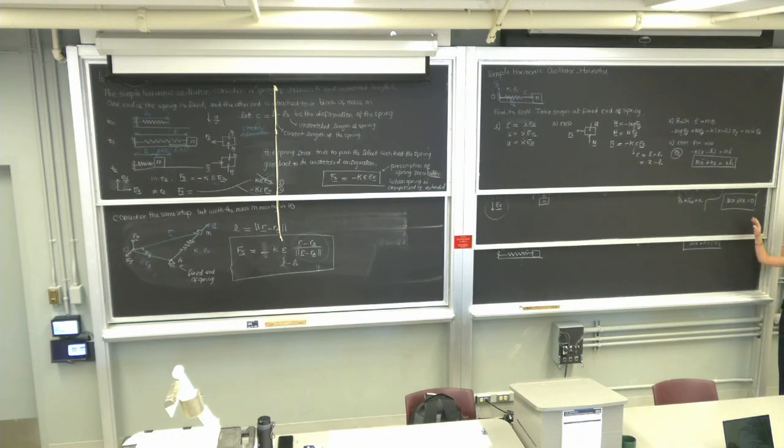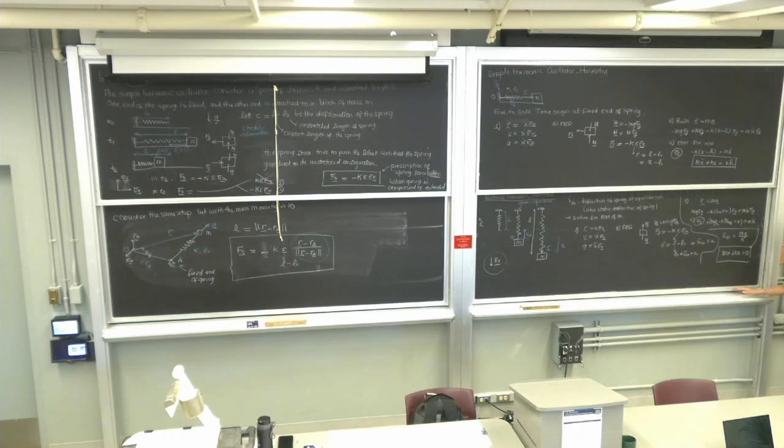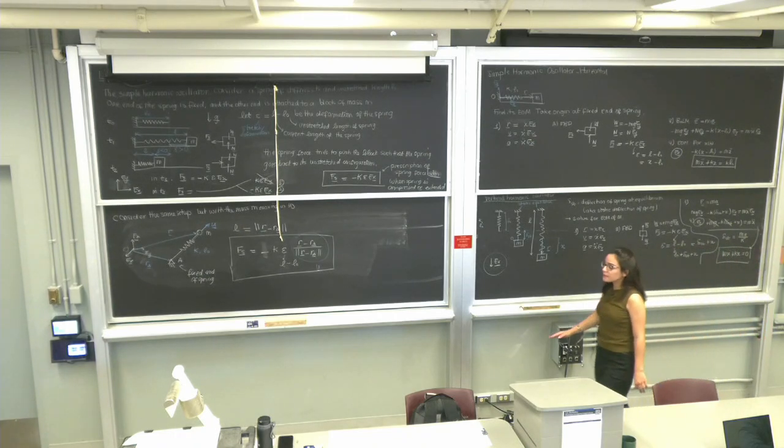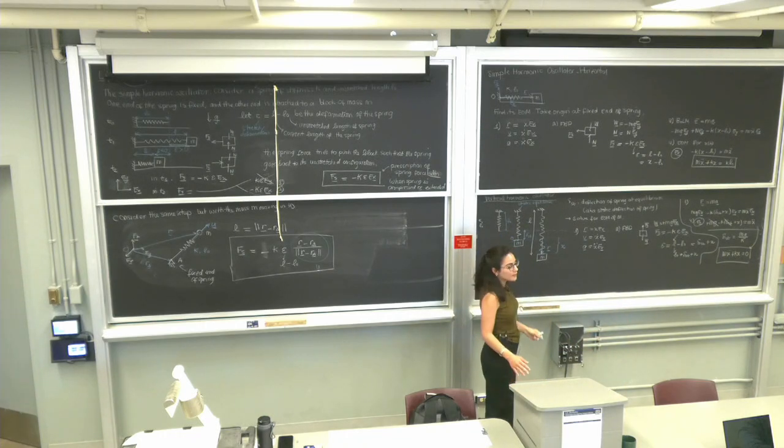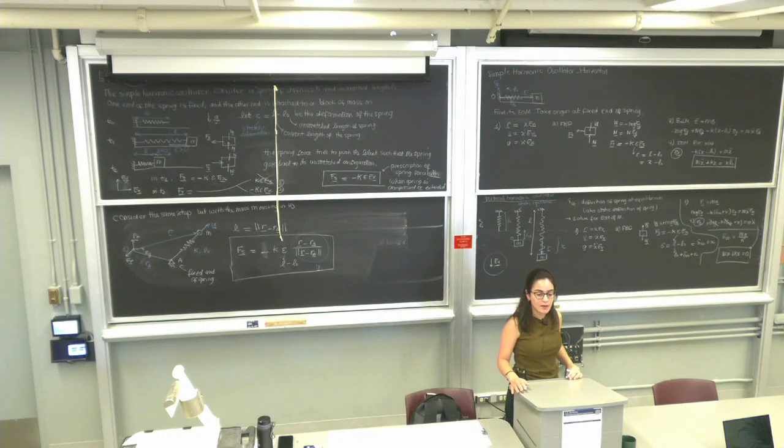That's the case because I took my origin to be at the free end of the static equilibrium configuration. That would not have been true if I took my origin to be here or here; I would have had x differing by a constant. Does that make sense? Any questions?